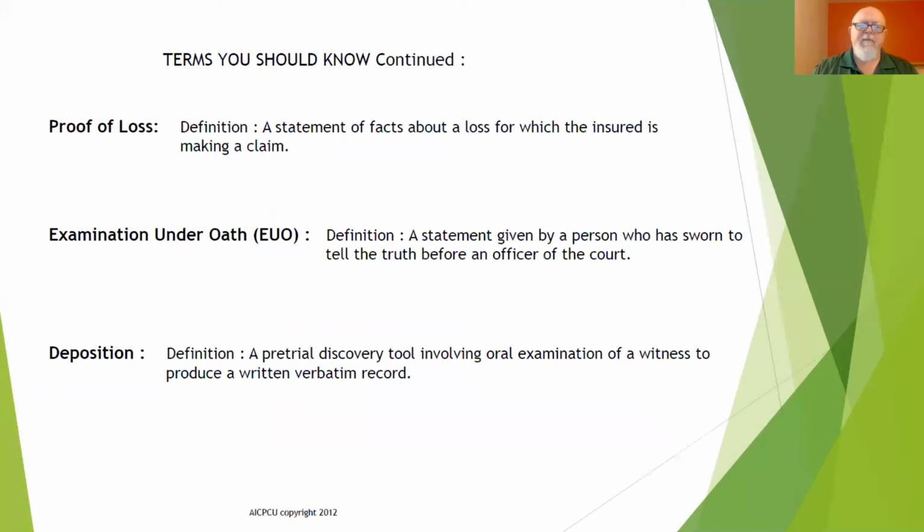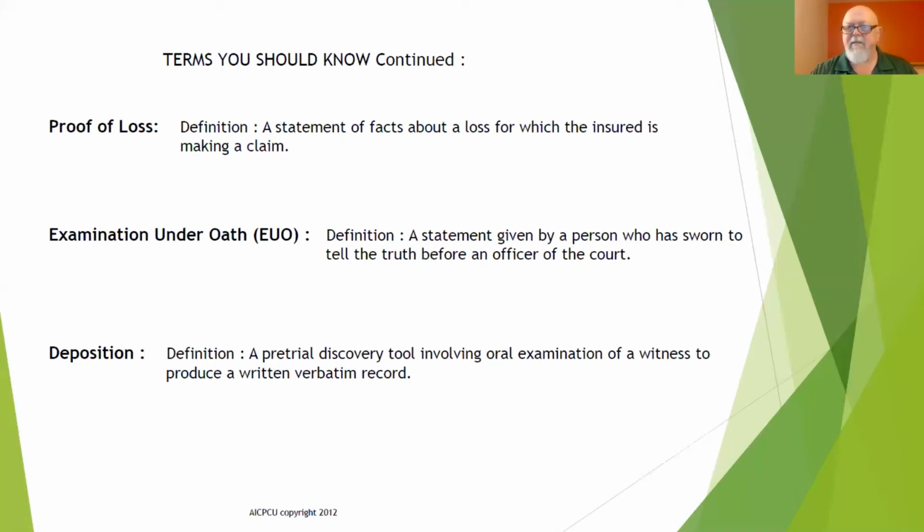Proof of loss. This is a statement that is prepared by us typically that will define what the loss is on the property and what the compensation is. It is also, when it's done by the insurance company without a public adjuster involved, the signing of a proof of loss is often done with a notary.